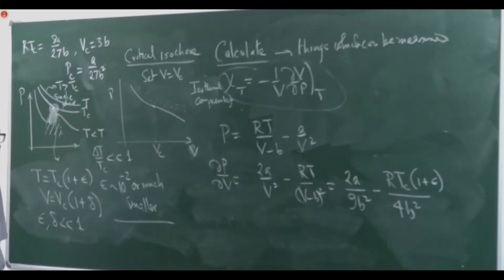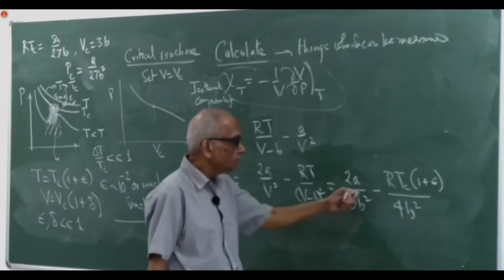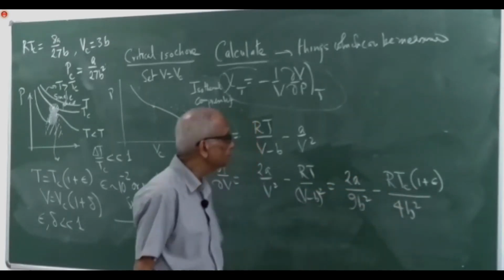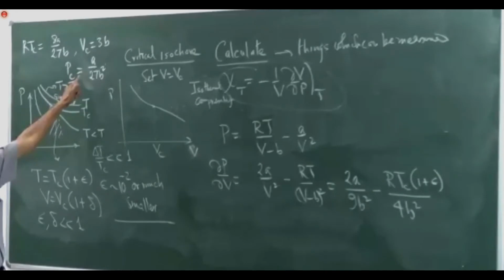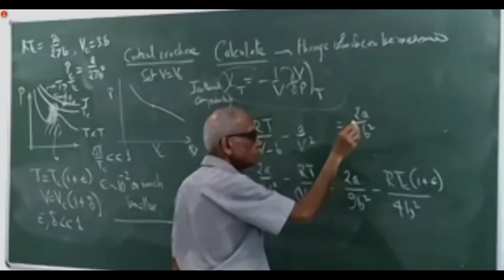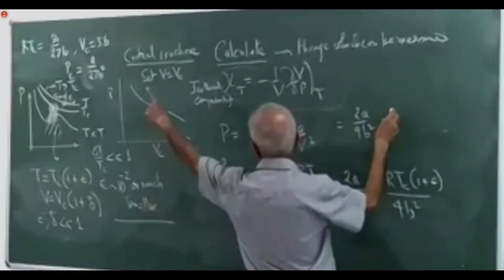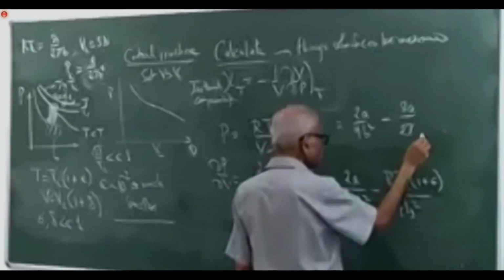So RTC, so here is 2A over 9B squared minus RTC over 4B squared, but RTC is 8A over 27B. So this is equal to 2A over 9B squared minus RTC, which is 8A over 27B.